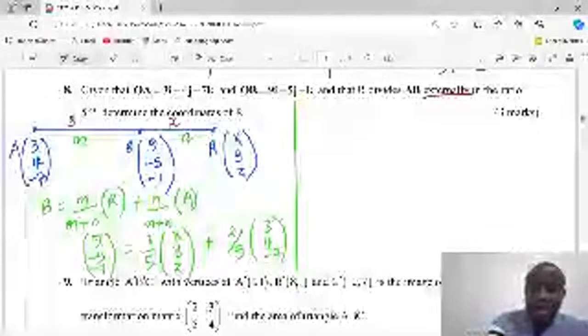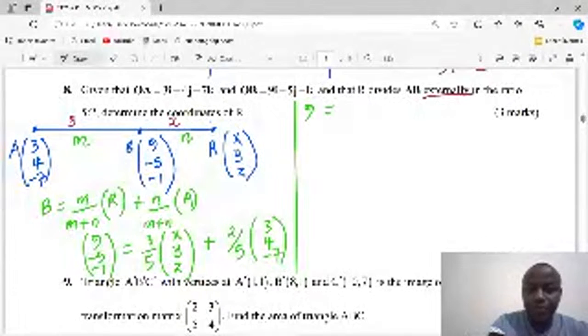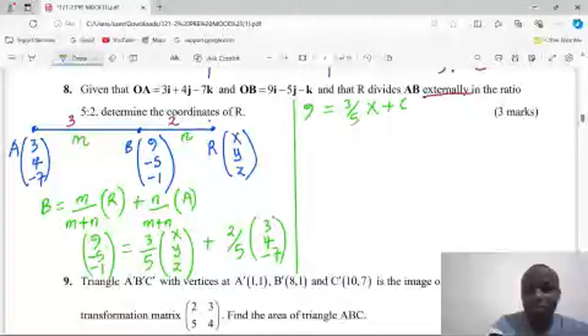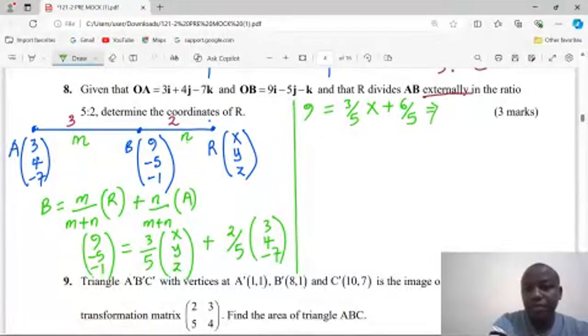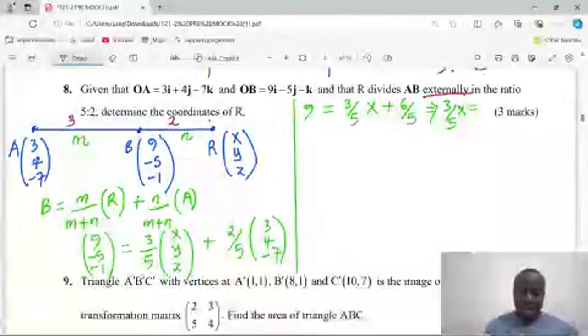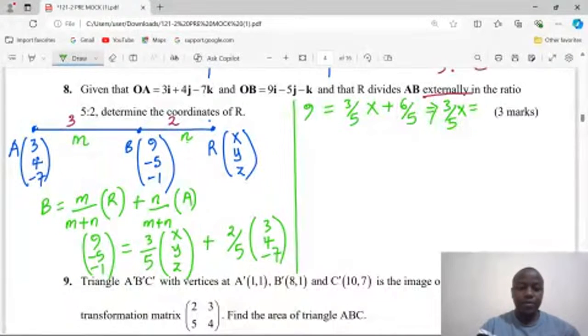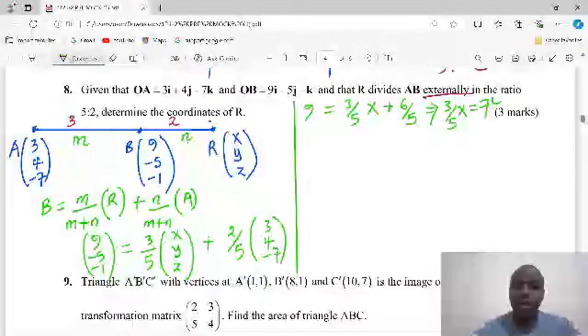So now we can say, working with the x components, 9 equals 3 out of 5 x plus 2 over 5 by 3 will give us a. So now we can remain with 3 out of 5 x equals 9 minus 6 over 5, which is 7 over 5.